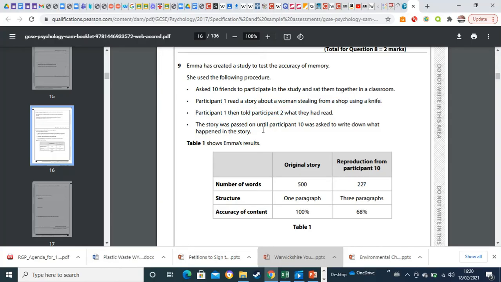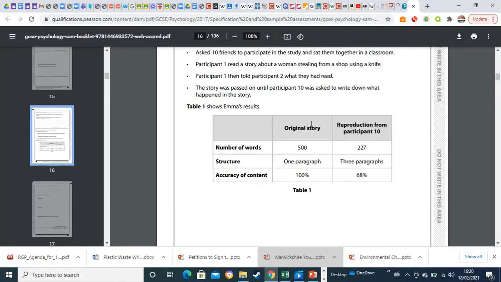Participant 1 to participant 10 were asked to write down what happened in the story. So this is at the end. Participant 10: 227, 500, 1 paragraph, 3 paragraphs. So actually, accuracy of content 68%.